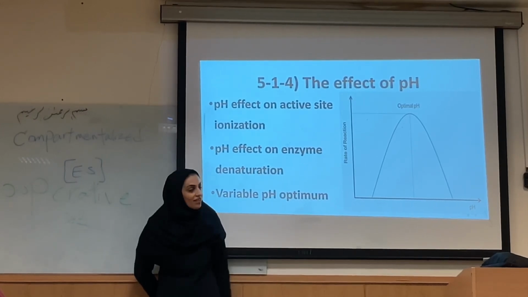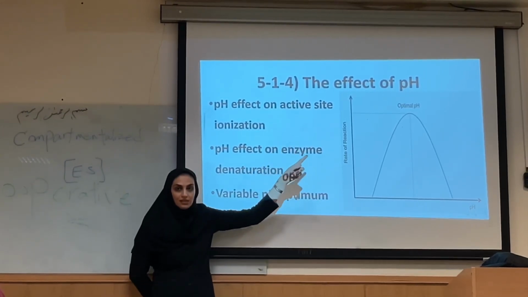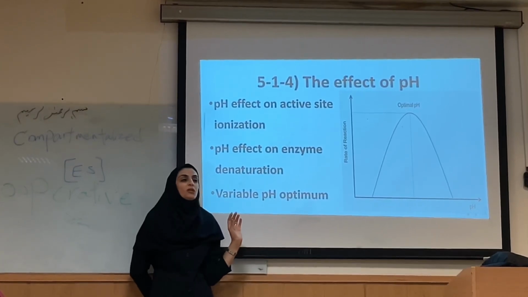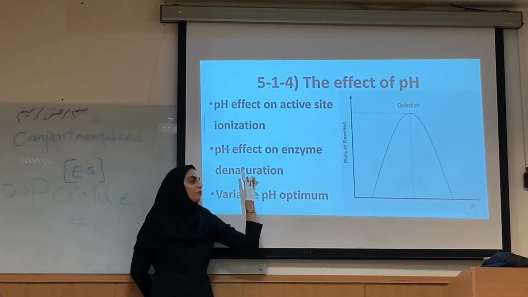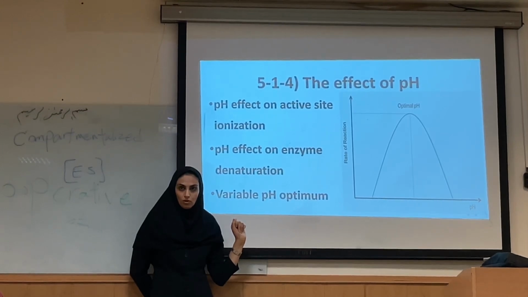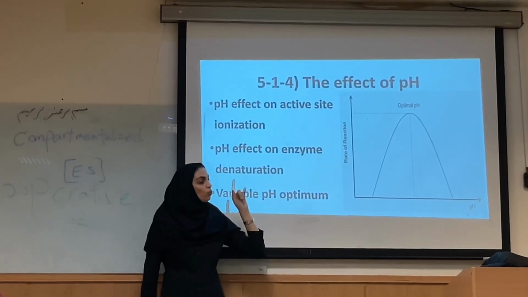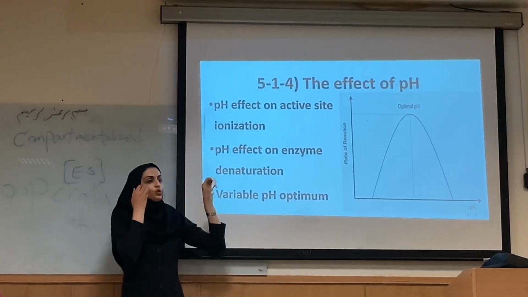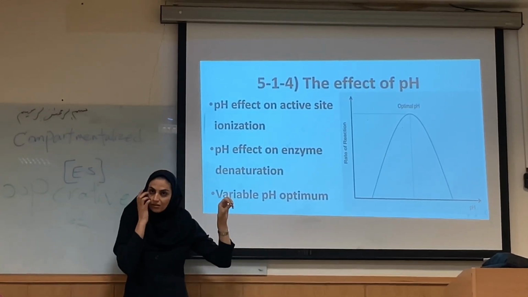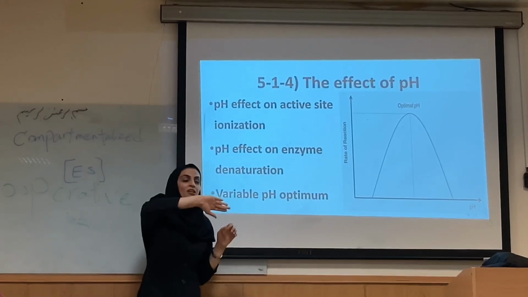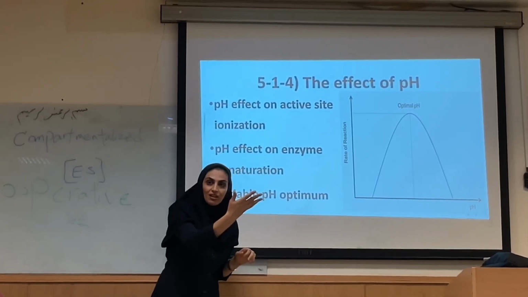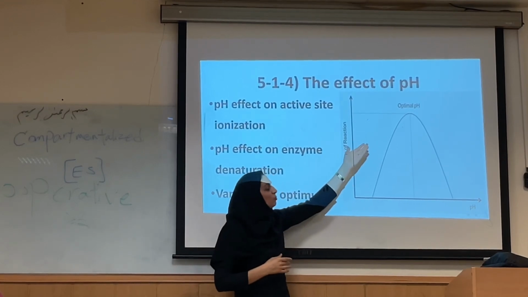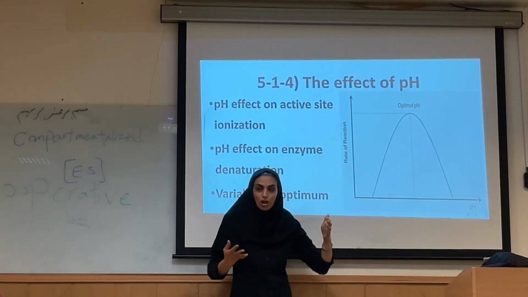For example, imagine we have aspartate in the active site of an enzyme, and for this enzyme to work, this aspartate should be deprotonated. Now we near a high pH level where the active site aspartate becomes deprotonated.